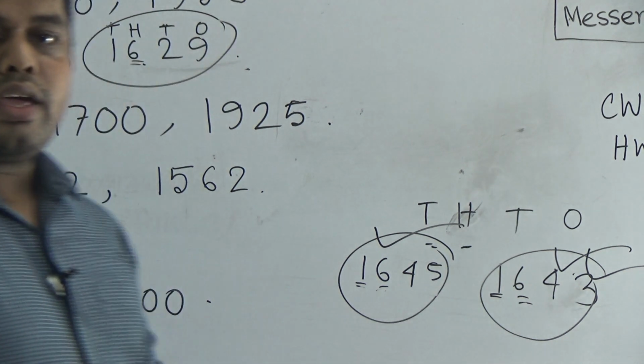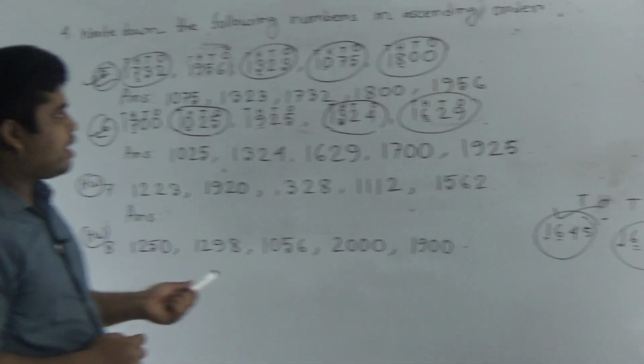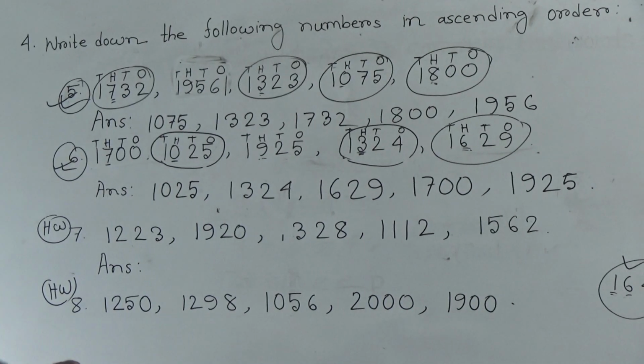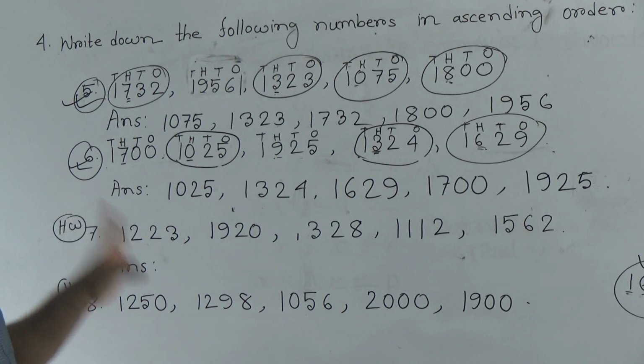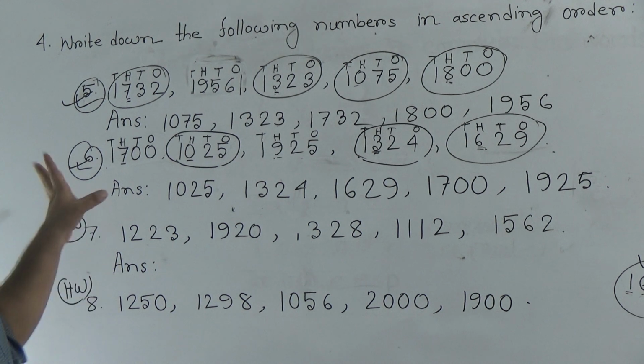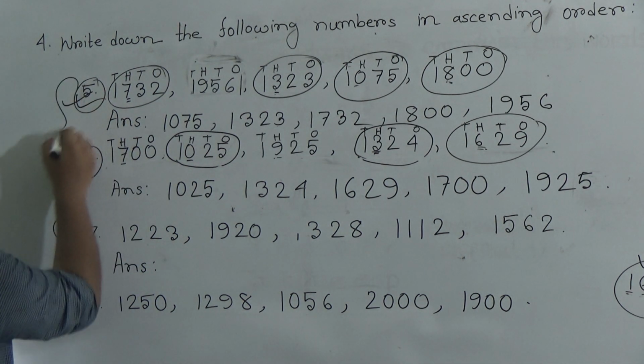Like this way, you shall find which one is smallest and which one is largest. And if you find out which one is the smallest and which one is largest, you can easily write the ascending numbers of any given numbers. Okay. I hope you have understood, and this is our today's CW.